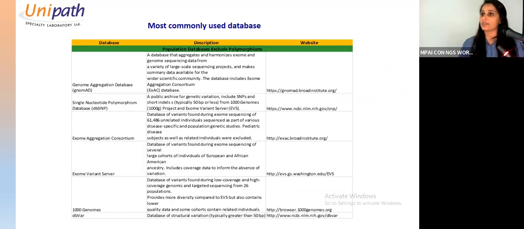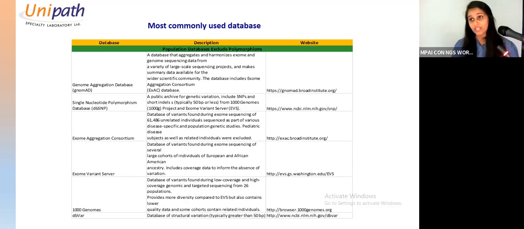If it is more than 2%, as I said, it is standalone benign. You do not need any other criteria for classifying it as benign. But for 1%, it's almost directly benign, but still you can check other parameters. And if it is in points like 0.005, because it is rare, it can be disease causing. So you need to check other criteria as well.